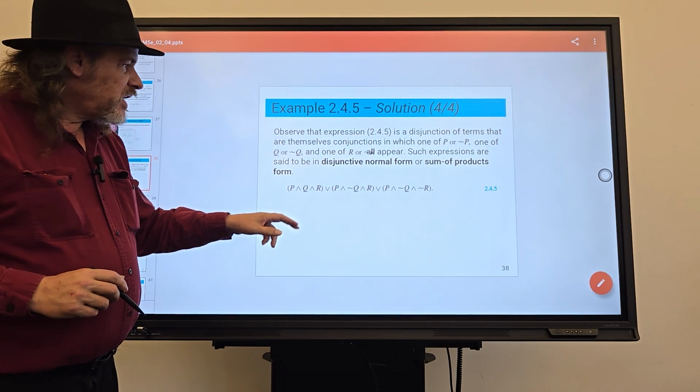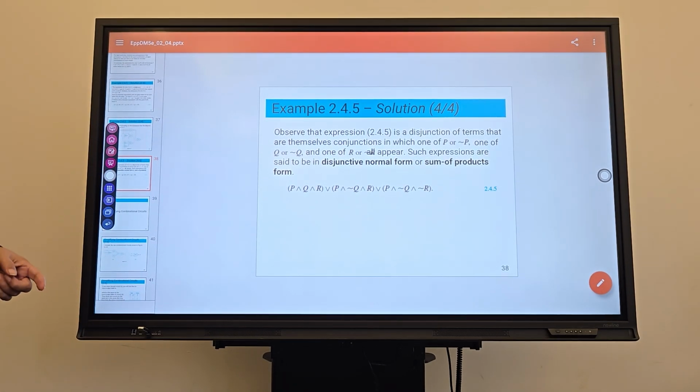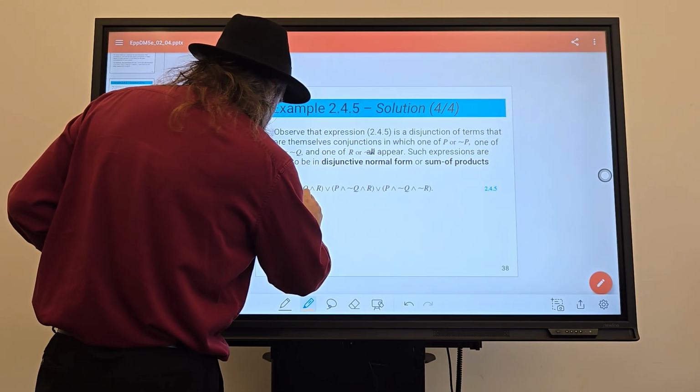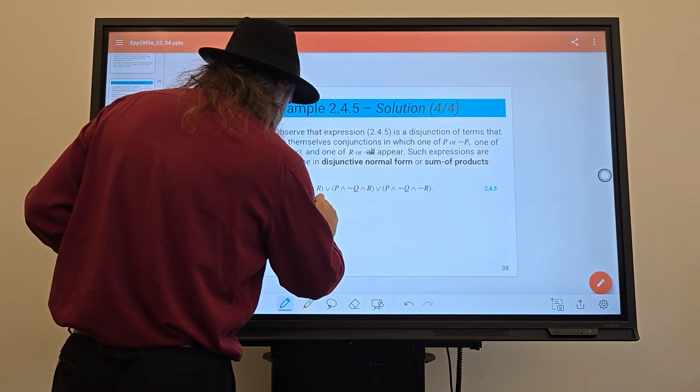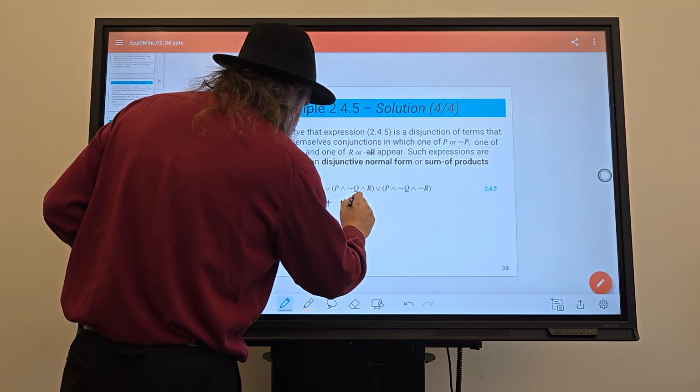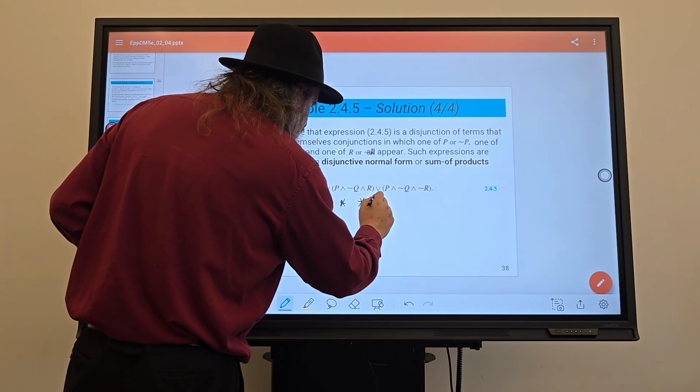It's called the sum of products because in digital logic notation, the ANDs are stars, like multiplication, and the ORs are pluses.